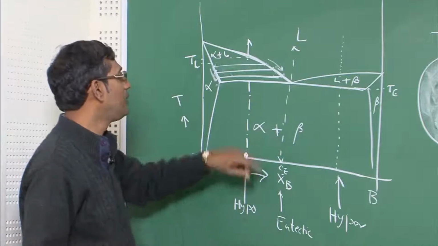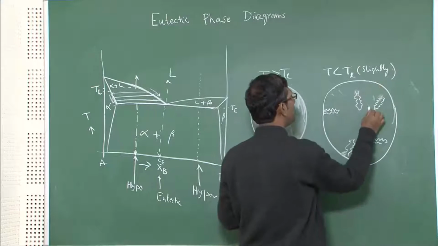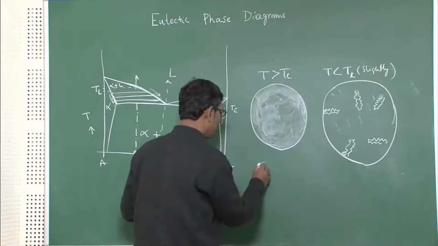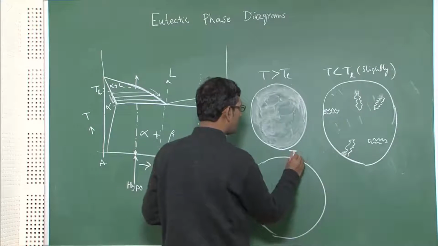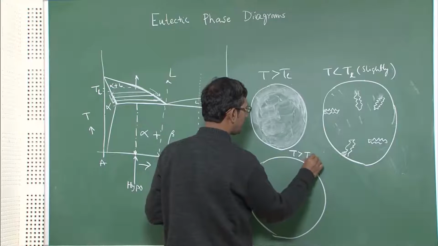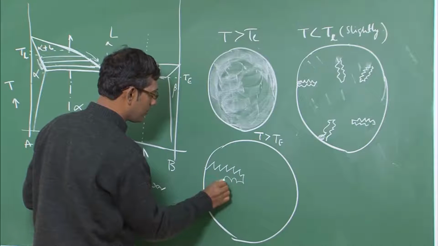So at TE we will have solid alpha and the liquid. Let me draw it again, otherwise you will not be able to understand. So this is just above TE. You have these dendrites which have grown much bigger.